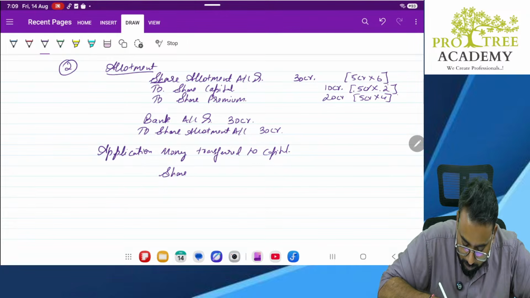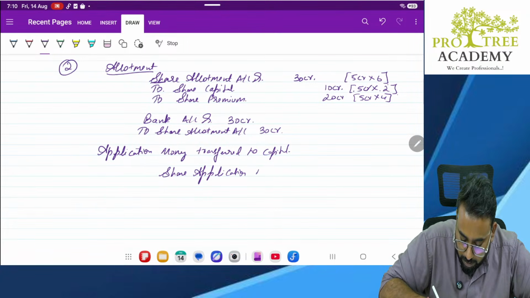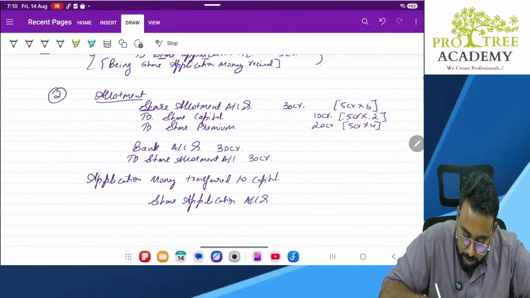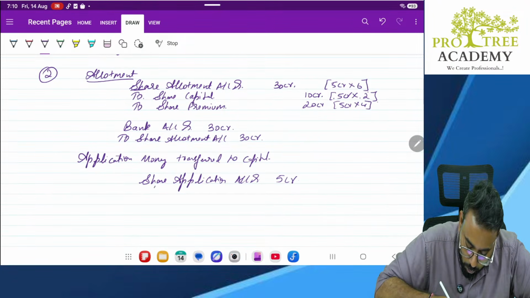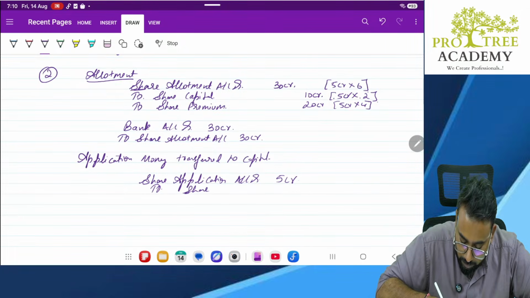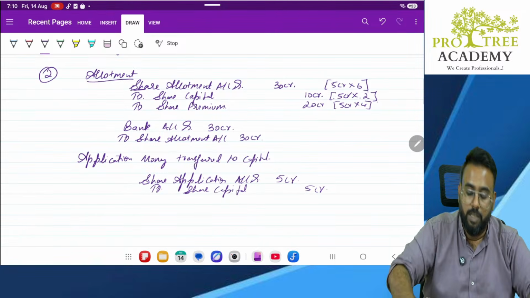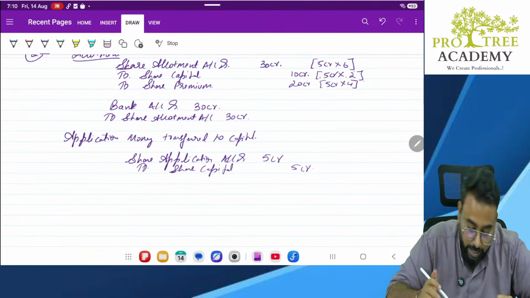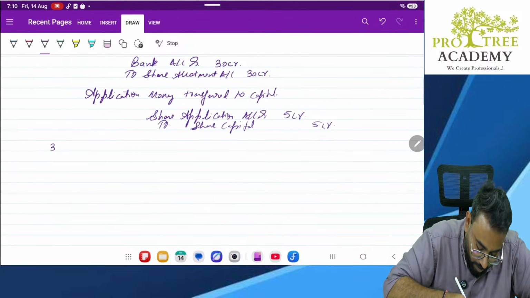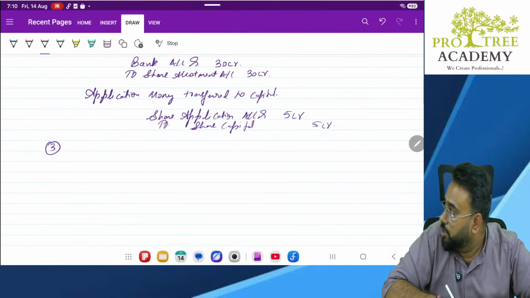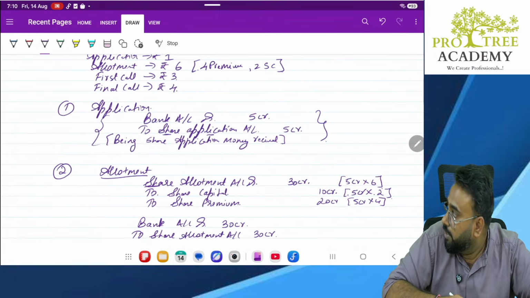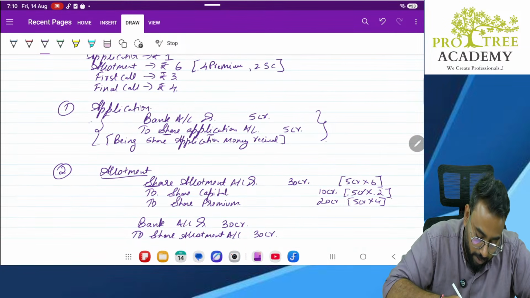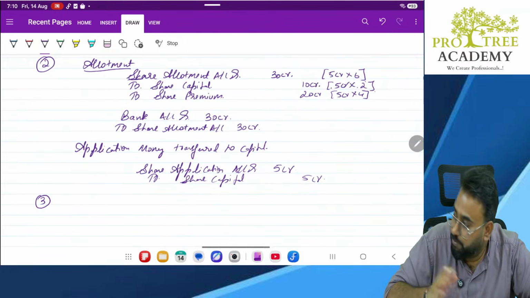Share application account debit 5 crores to share capital 5 crores. Ultimately this money is also received towards share capital only, so that is why we are transferring it to share capital. Clear? We have already received this money; we are now only shifting it to the share capital account.